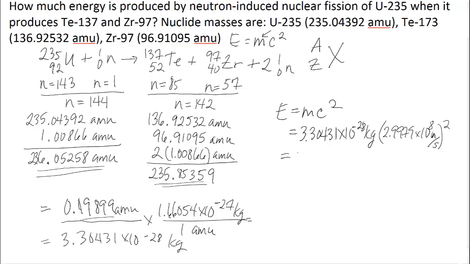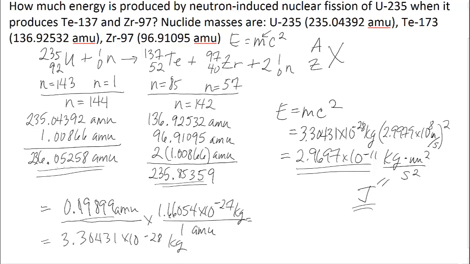What you're going to get there is 2.9697 times 10 to the negative 11, and the units are kilogram meters squared per second squared, which is actually equal to a joule. So your answer is 2.9697 times 10 to the negative 11th joules of energy are released.